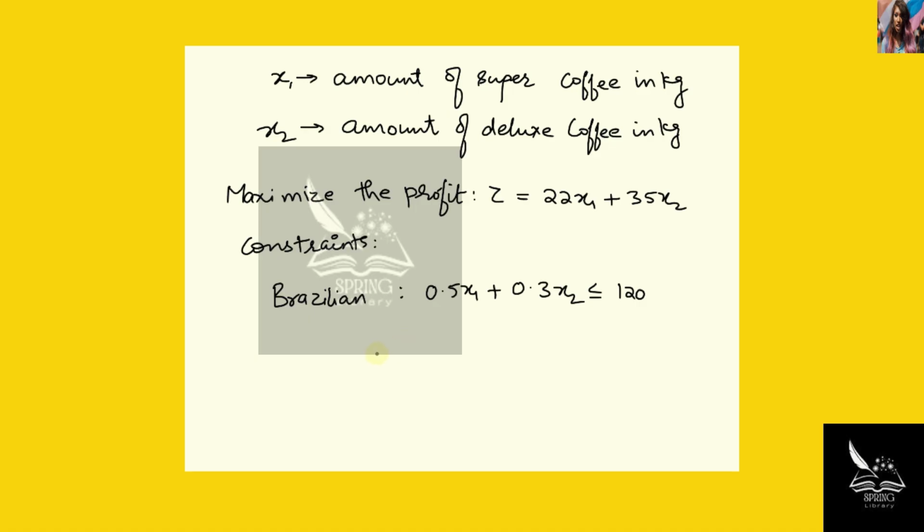Then for the Colombian, we have the constraint 0.5 x1 plus 0.8 x2 should be less than or equal to 160. And we have the non-negative constraints that x1 and x2 must be greater than or equal to 0.